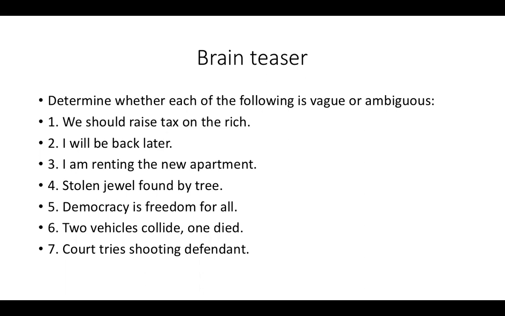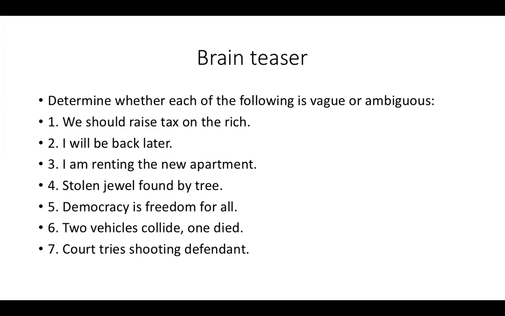So the first one, we should raise tax on the rich. That one should be vague. I'll be back later is vague. I'm renting the new apartment. The new apartment, that's vague. Stolen jewel found by 3 is ambiguous.